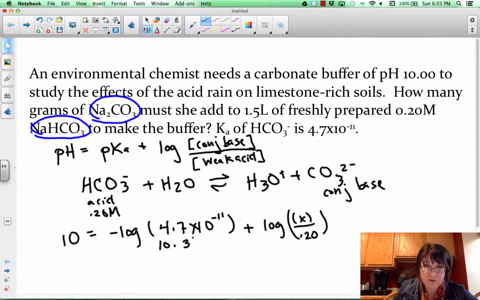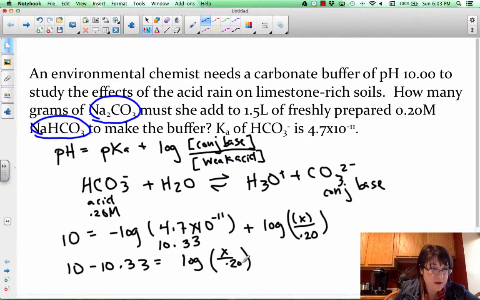We'll call it 10.33. So then I can move that across to the other side by subtracting, so I get 10 minus 10.33 equals the log of x over 0.20.